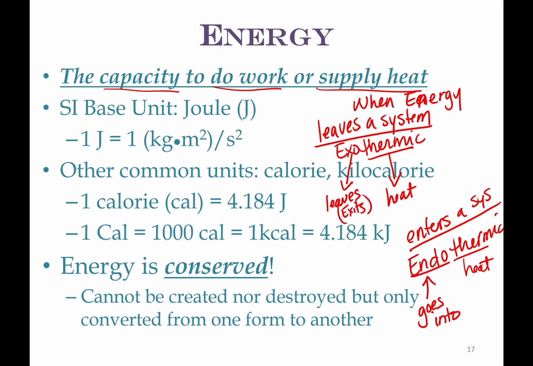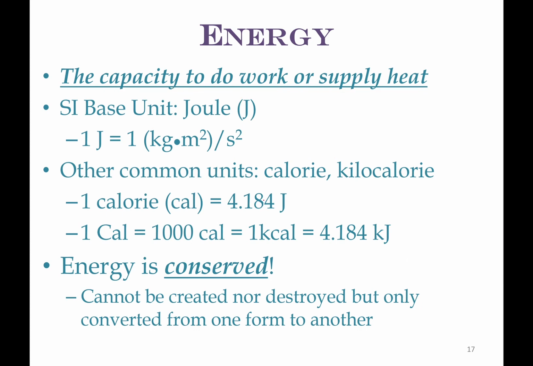But the base unit for that is the joule, but in America, we like to make things as confusing as possible, so we use the calorie. Well, if you look at a nutrition label here in the US, you're going to see there's 180 calories.